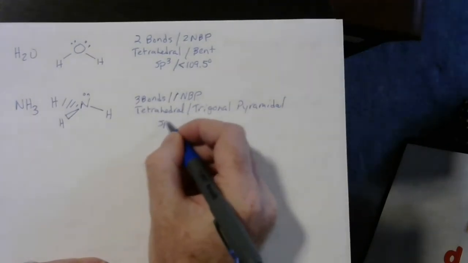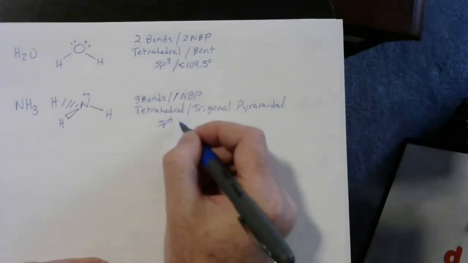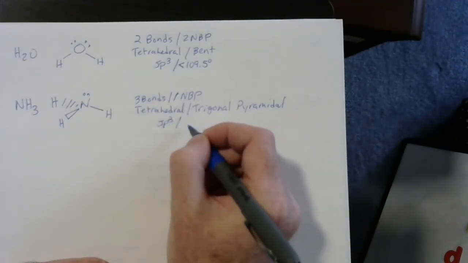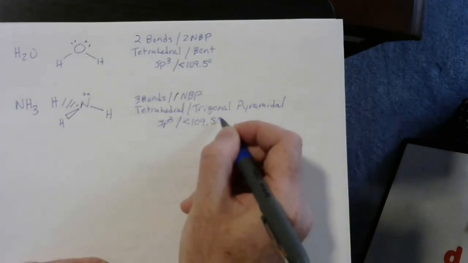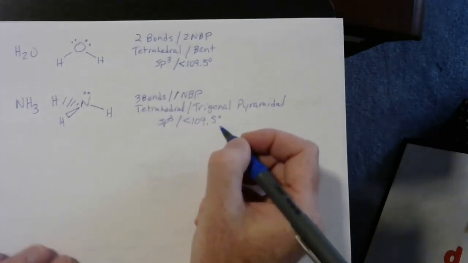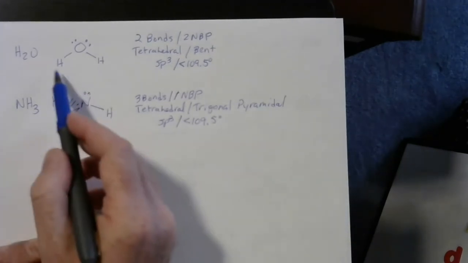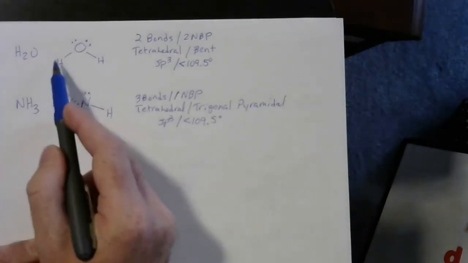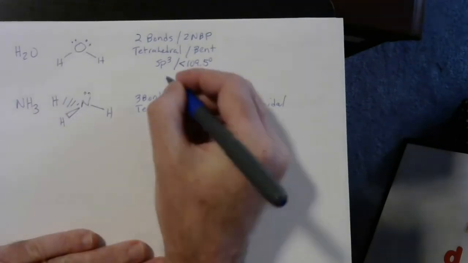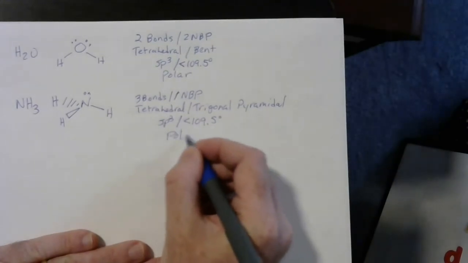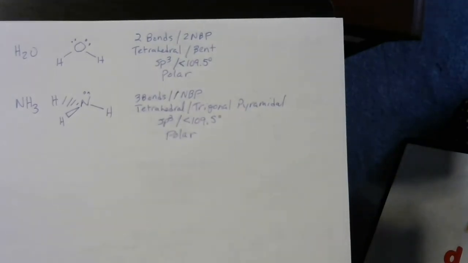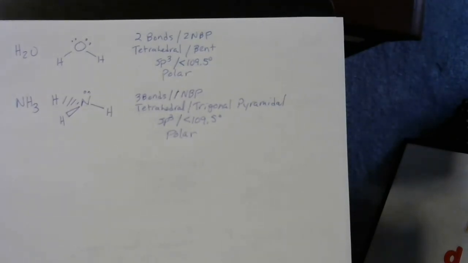And so that's still going to be sp3 and less than 109.5 degrees. Now, why did I draw both of these? It turns out that when I evaluate the polarity, this end of the molecule is positive and this end is negative. So this molecule is polar, as is this one. So it gives you 2 examples of a polar molecule, because you can get separation of the charge, but sometimes you have to pay attention to the shape to see that the polarities don't cancel.